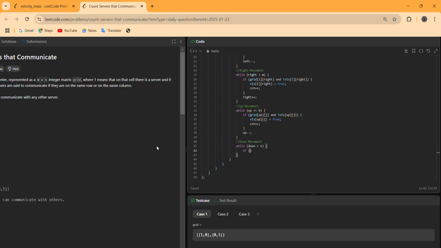And moving in the down direction, if we encounter any server that is not previously visited, we first mark that cell as visited and increment our count by 1.